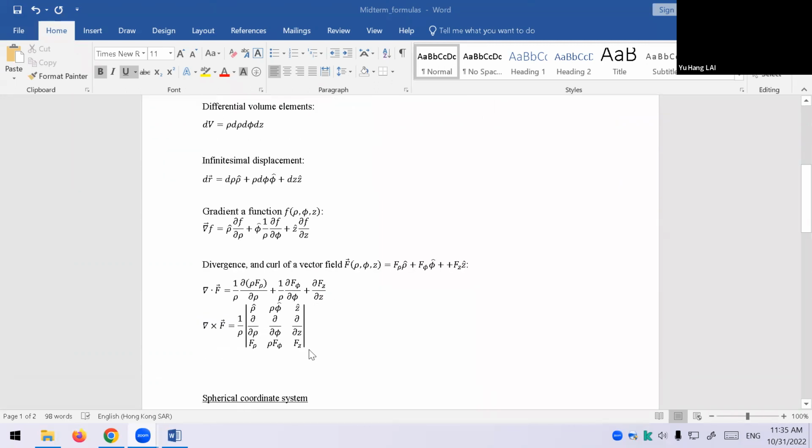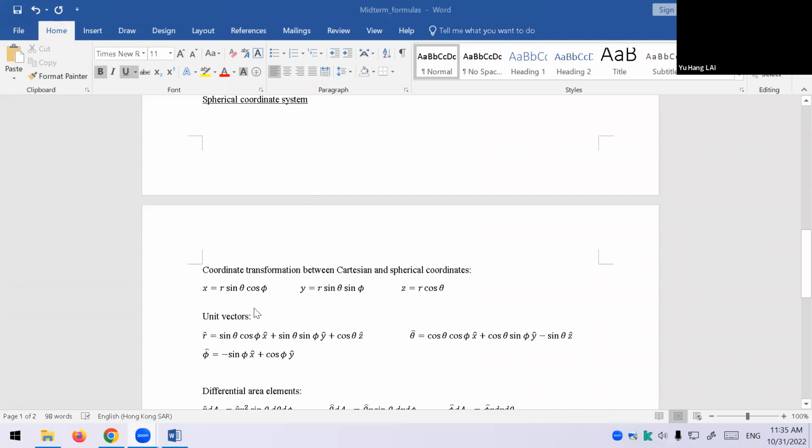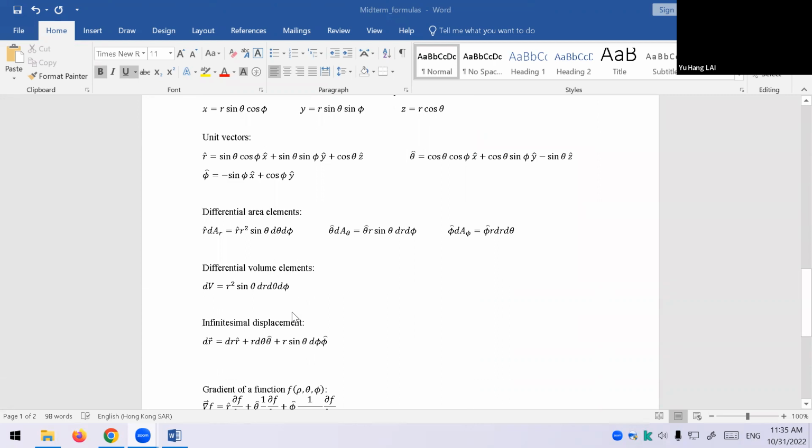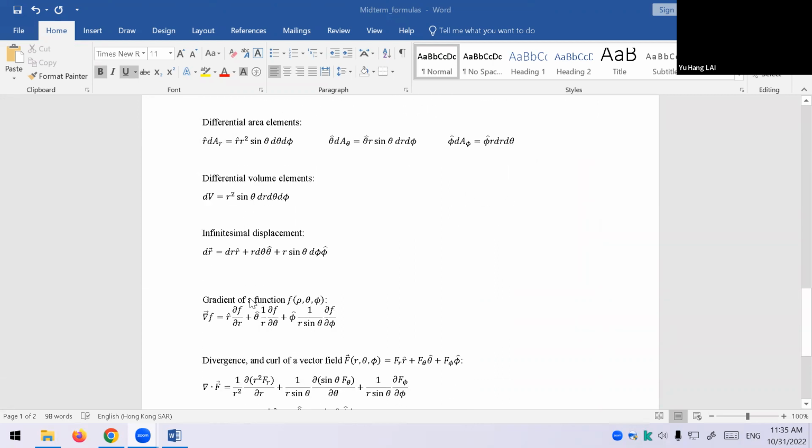Same thing for the spherical coordinate system: coordinate transformations, unit vectors, differential area elements, differential volume elements, infinitesimal displacement, and then the gradient, divergence, and curl. These are the formulas that you will have anyway.